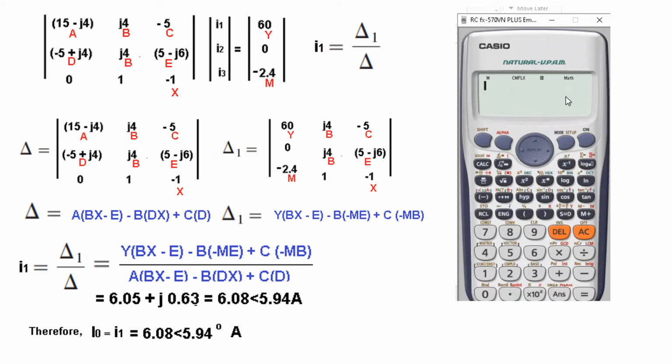Now in this case, we'll try to find delta 1 over delta. So it's a fraction, so we'll select this button here. And now we'll enter the values. The first value here is y.